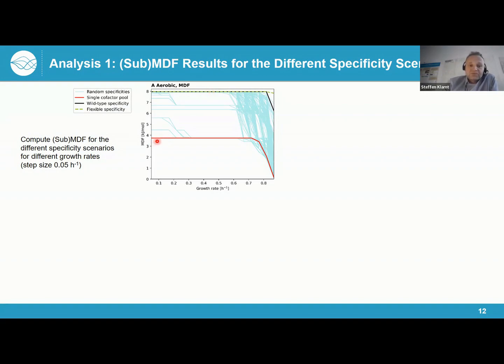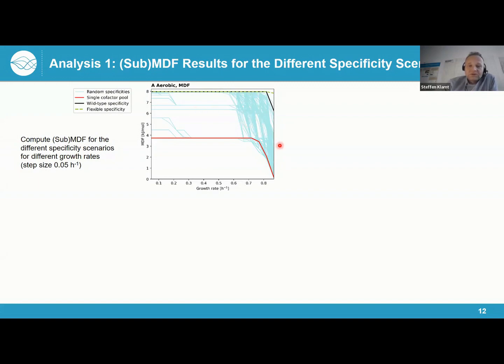The single cofactor pool shown in red reaches significantly lower MDF values, as you can see. And this already indicates that having 2 cofactor pools is beneficial for the cell to reach higher thermodynamic potentials in the network.